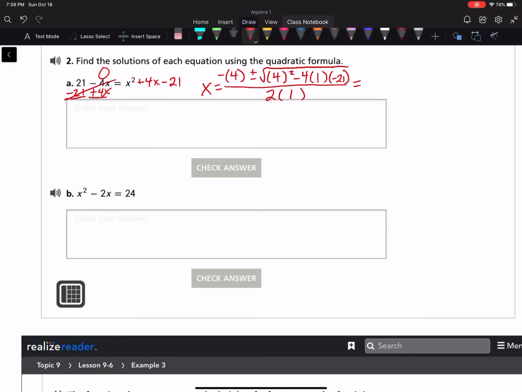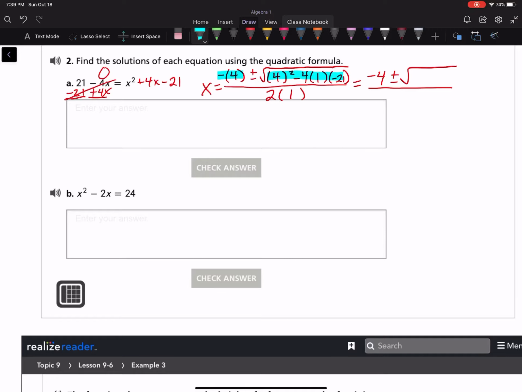So that would be, again, I'm doing it in my sections. Negative b, a positive 4, is negative 4, plus or minus the square root. So the next section is this 4 squared minus 4 times 1 times negative 21.